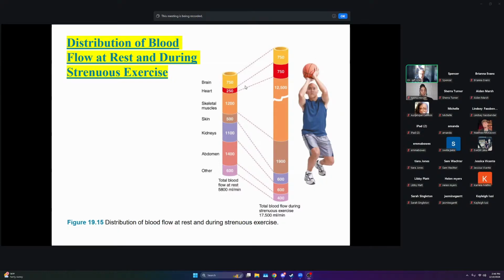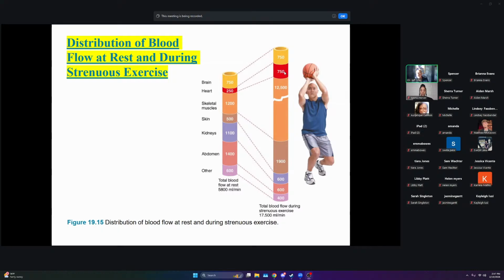The brain, our computer, only requires oxygen, nutrients, waste removal at about an equal level, regardless of what we're doing. If we start exercising, our brain doesn't have an increased demand for oxygen, in other words. So it's pretty much steady state. It always needs the same amount of oxygen and nutrients. So the blood flow remains pretty consistent.